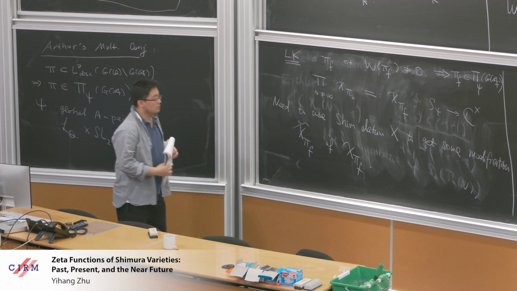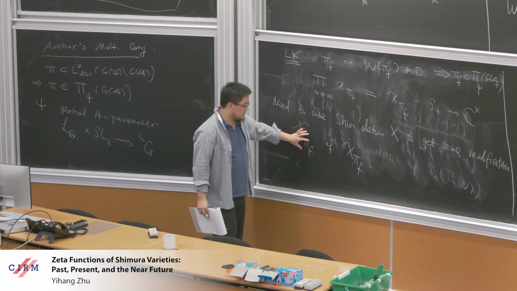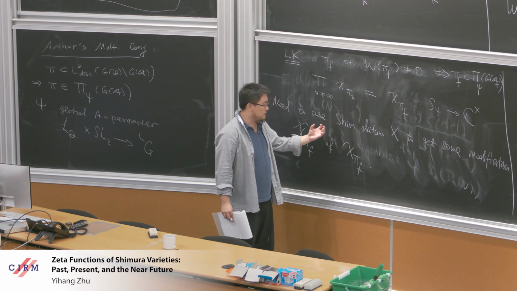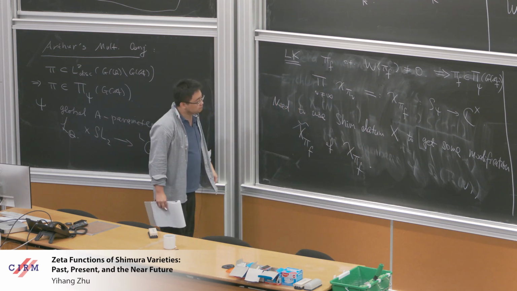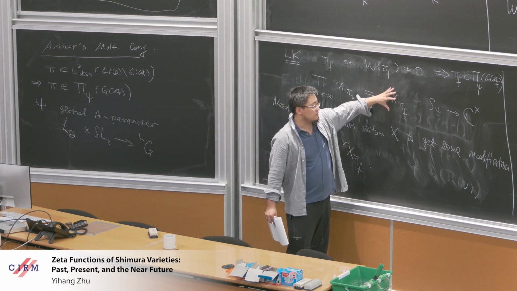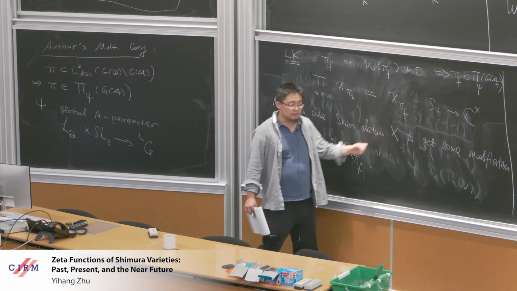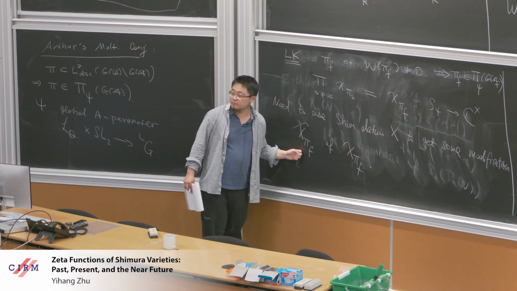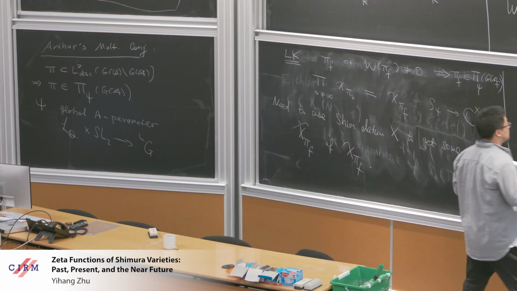Okay? Right. So in some sense, this χ_π_f tilde is different from χ_π_f, and the difference is given by this Shimura datum X. So this χ_π_f doesn't see what the Shimura datum is. It's only an invariant of this finite adelic representation π_f, but χ_π_f tilde also knows about the Shimura datum. Okay? Right, so this is the first ingredient.